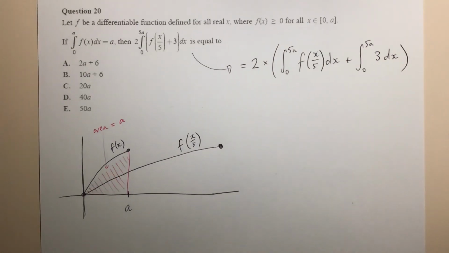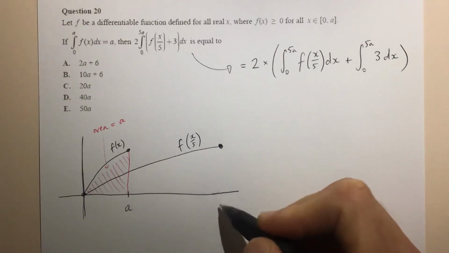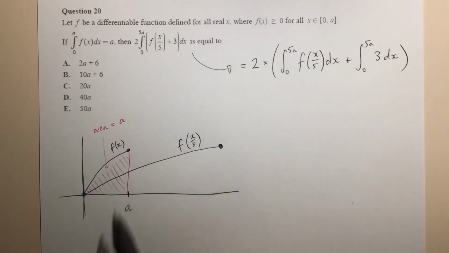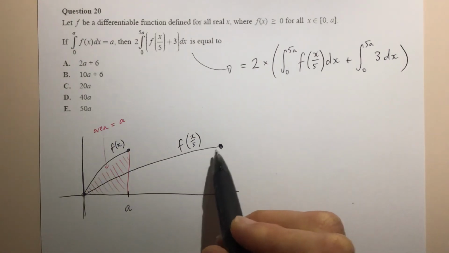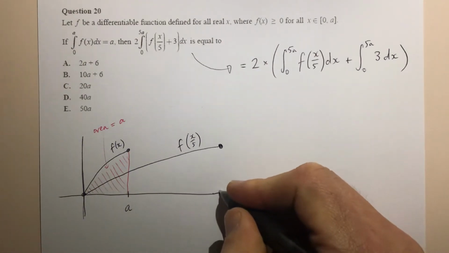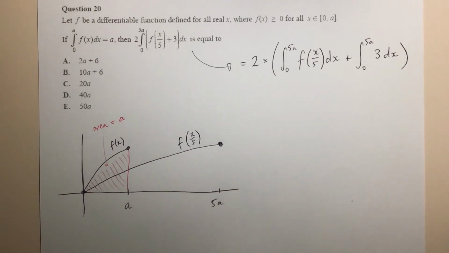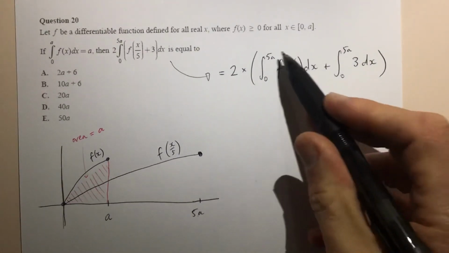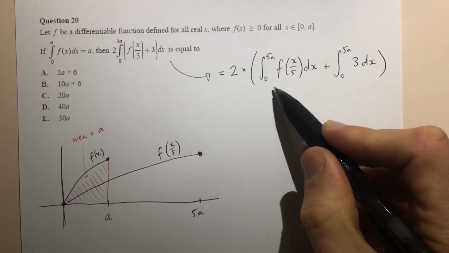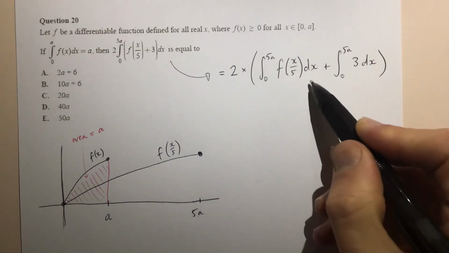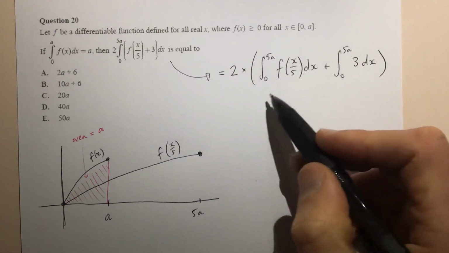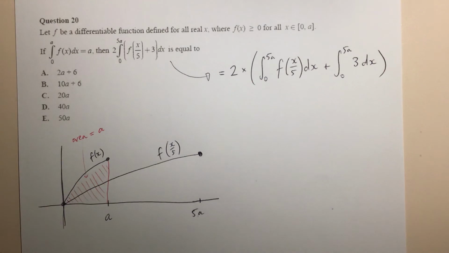The other thing that's going to happen is that if this function was drawn from 0 to a, this dilated function is now from 0 to 5a. That's good because those are the terminals on this integral here. Remember, for this part, we're just thinking about how to deal with this integral. So what does that mean? I'll use a different color to show that it's a different area.